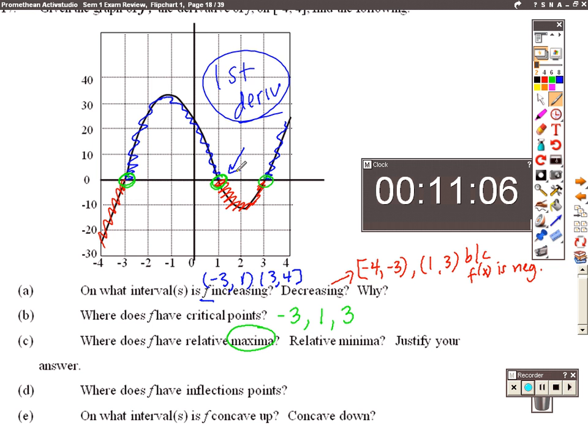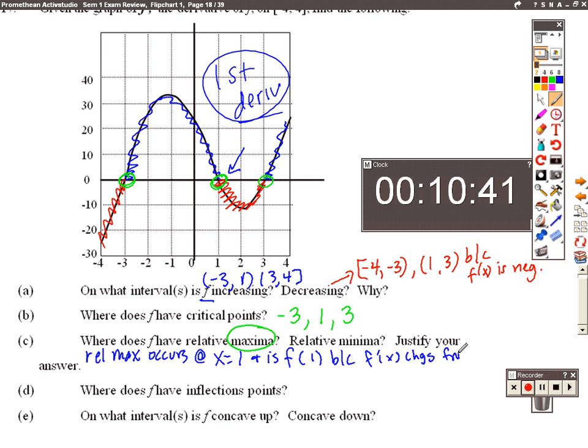So there is a local or a relative maximum, remember our sentence, at x equal to 1, and is the name of this function f? Yes, f of 1, because the first derivative changes from positive to negative.